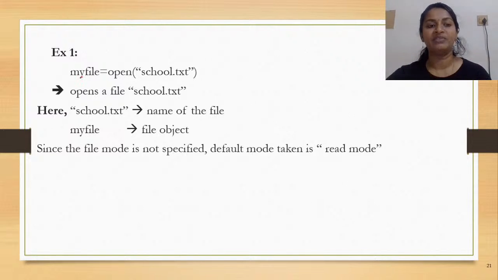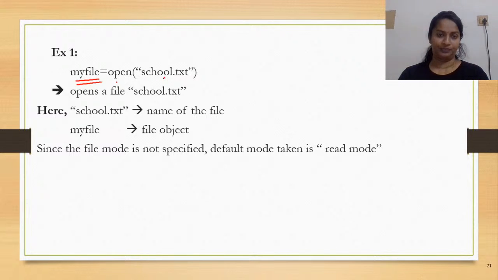In the first example, I have given a variable my file is equal to open of, in double quotes, school.txt. This school.txt is the name of your file. Whatever you write within double quotes is the name of your file.